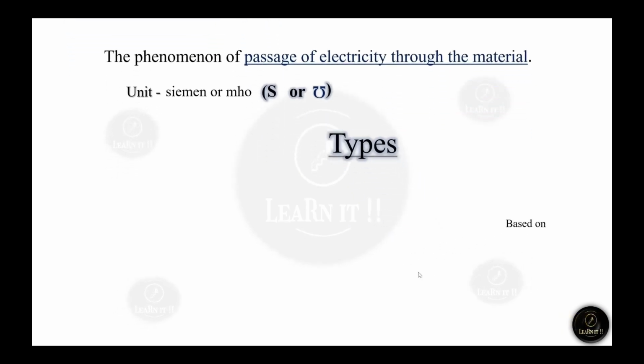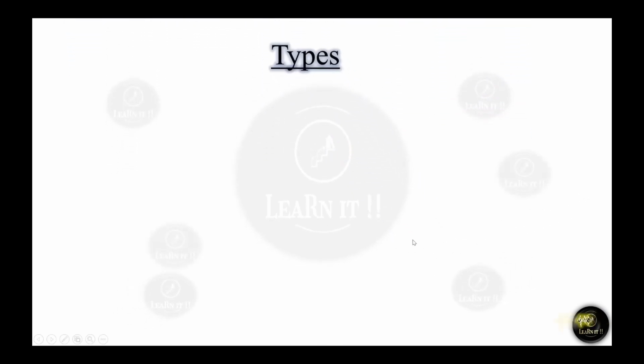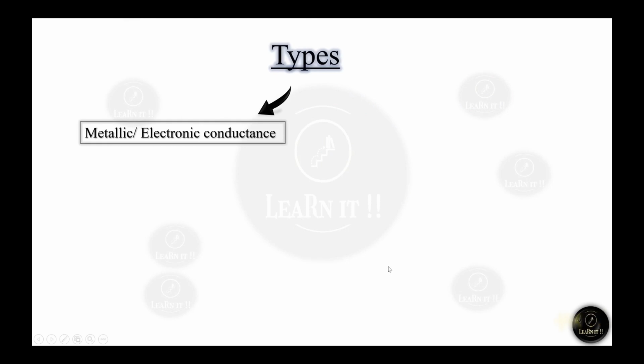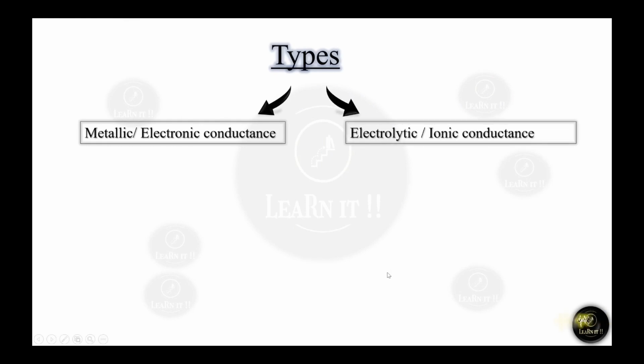Let's look at the types of conductance. The first one is metallic or electronic conductance. The second one is electrolytic or ionic conductance. In metallic conductance, the conductance is due to electrons, so electrons are the charge carriers.